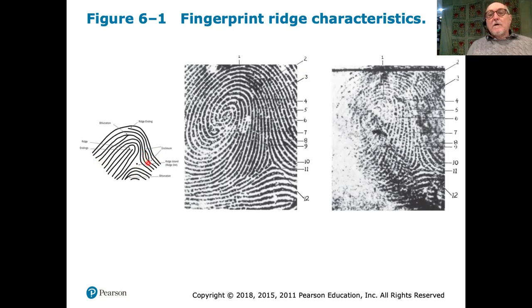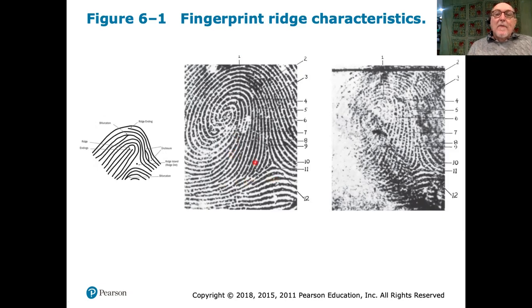So if we have a look at a real fingerprint, here we have an example. This is a suspect fingerprint, taken from the scene of a crime probably. And this is our reference print. This is a print which was either on record already or which was taken from a suspect. So this is our ideal print. It's going to show us what we know.